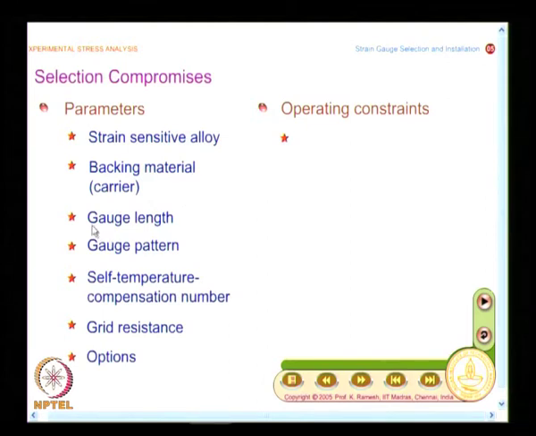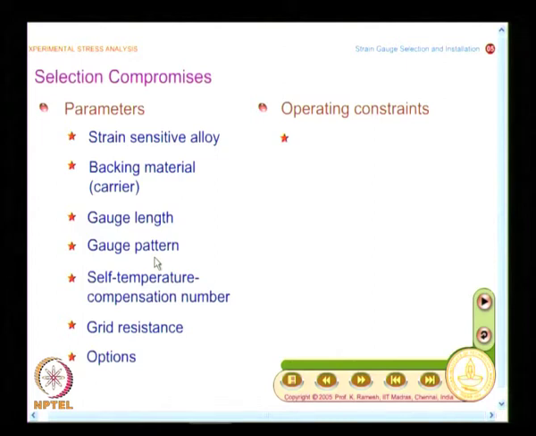And depending on the strain gradients that you are going to encounter, you need to decide the gauge length. And gauge pattern is also equally important. We have looked at, from the heat dissipation point of view, charts which give you a recommendation for a given power density, what kind of gauge patterns you can select.